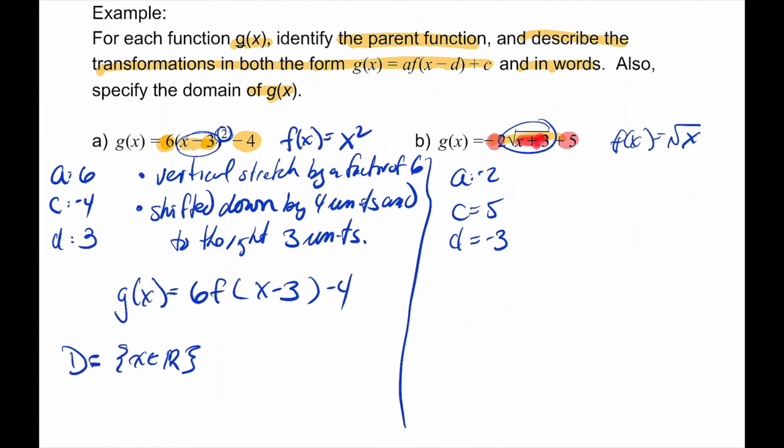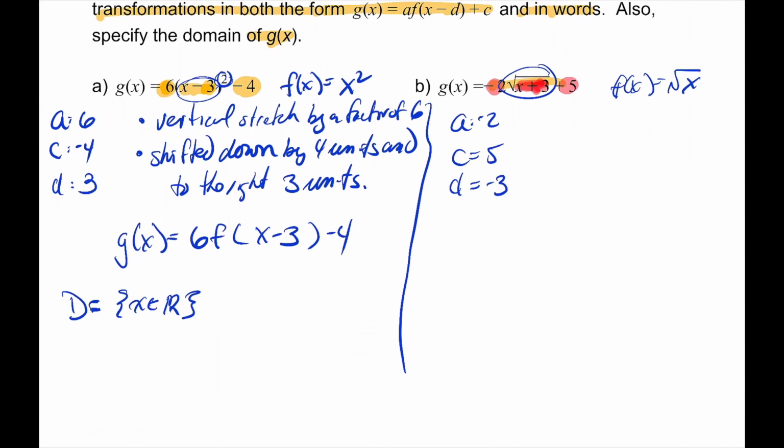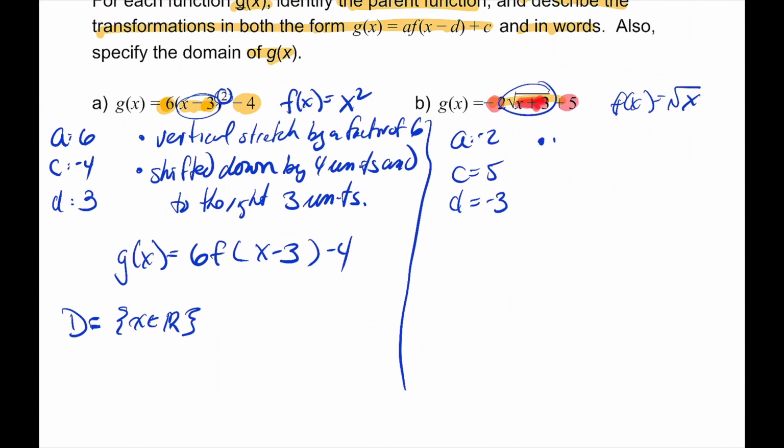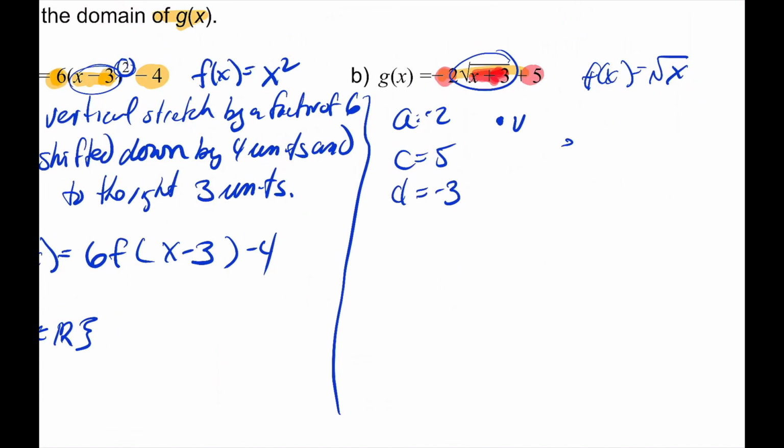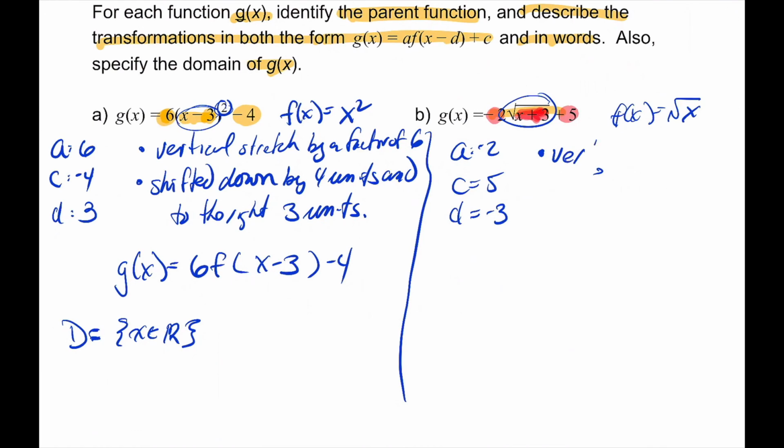So let's describe these transformations. So look at a first. So because the absolute value of a is greater than 1, we're going to have a vertical stretch by a factor of 2. Because a is negative in this case, we also have a vertical reflection, or reflection in the x-axis, however you want to phrase that.